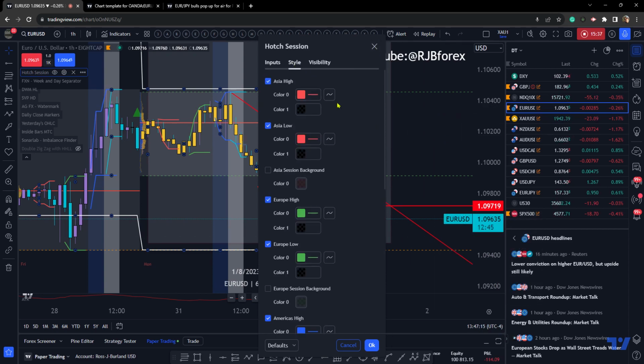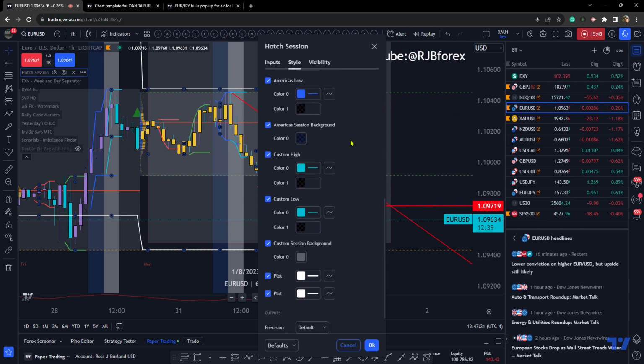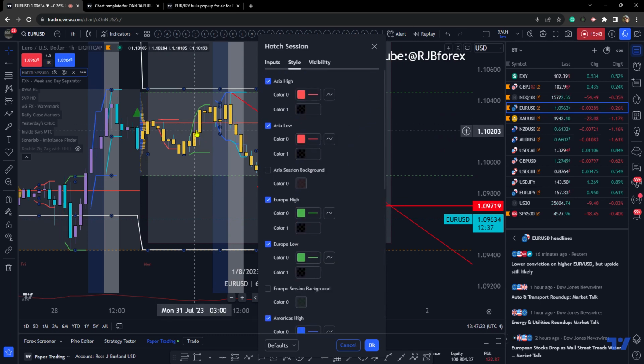And then I've got it all lined up as follows. I don't believe I've configured Asia. Let's see, Asia. No, yeah, that's the Tokyo Open. That's Frankfurt Open. Yeah, so it seems to be about right.